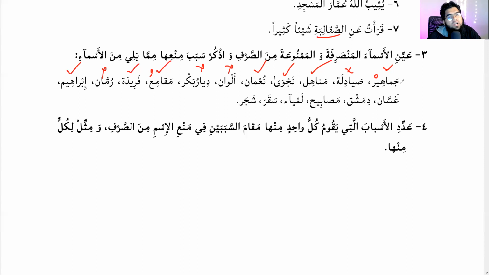Ghassanun. Ghassan, alif and nun is not extra, I believe. Yeah, Ghassan. I'm not sure about this. I think it's not Ghassanun. Or is it? It's a name and alif and nun. Maybe it is. Dimashq, no, it's not a city name. Masabihu, yeah, fine. Lamya'u.